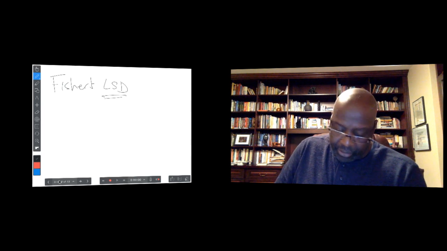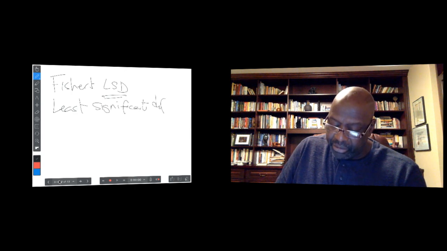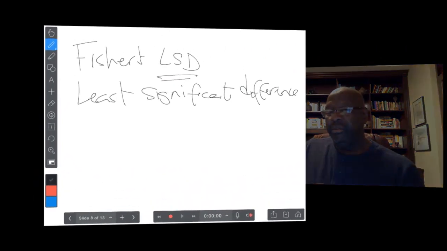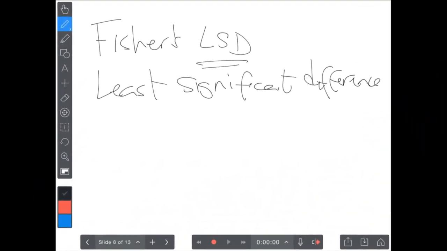LSD stands for least significant difference. The least significant difference is basically looking for the pair of means that have the least significance in terms of the difference between them.